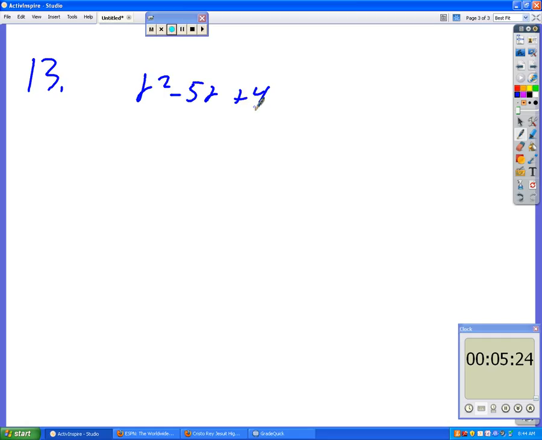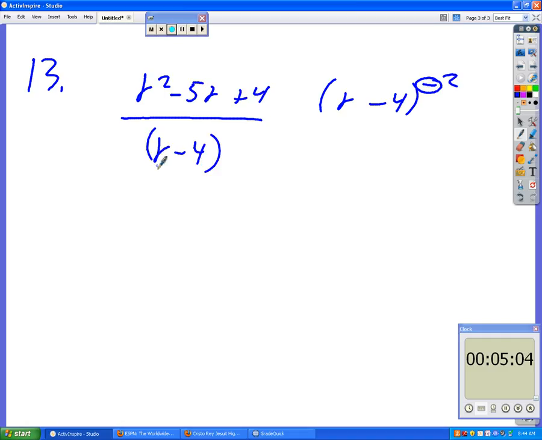What does the negative tell me to do? Flip it to the bottom. But this negative says flip it to the bottom. So what we're going to do is draw a fraction line and put r minus 4 on the bottom. And now the negative is gone.